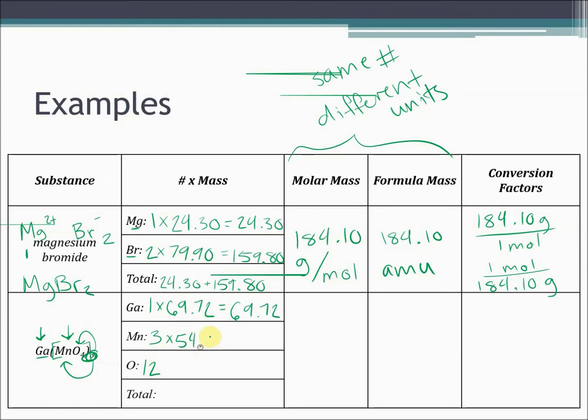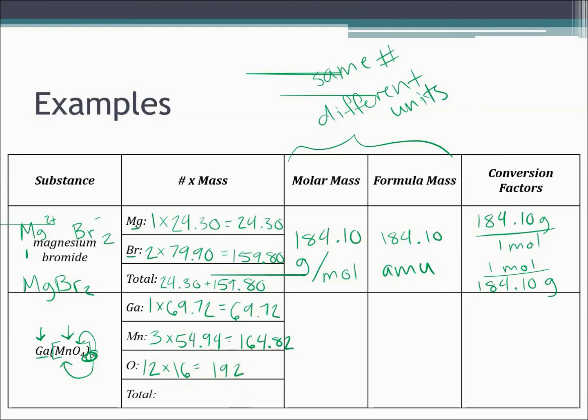So that means that the total mass of all of the manganese in our compound is 3 times 54.94. Plugging that into your calculator, you should get 164.82. And then last but not least, we have 12 oxygens. Each oxygen has a mass of 16, so in total we have 192 as our mass of oxygen.